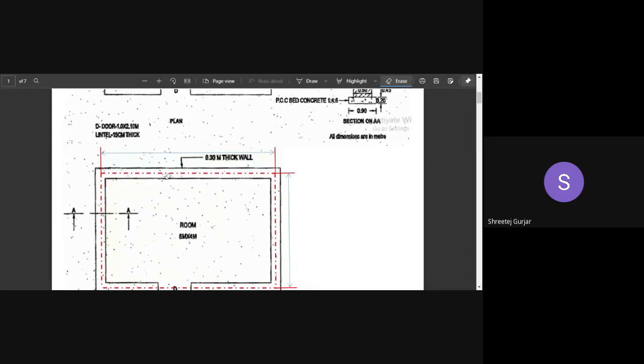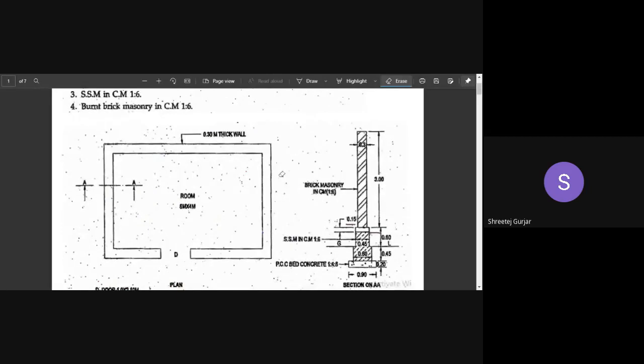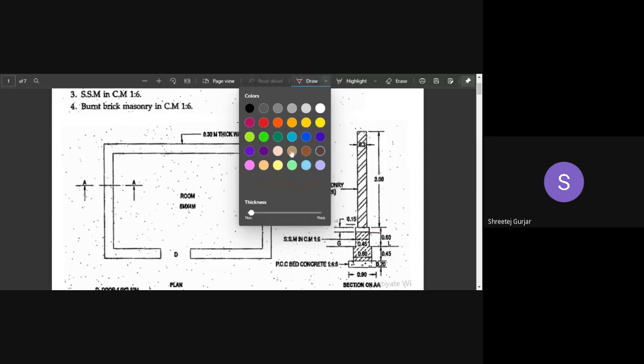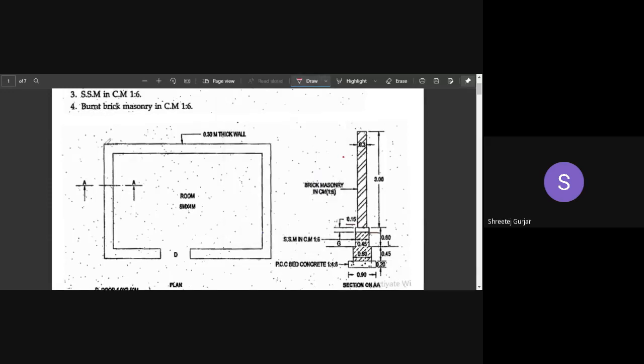So how do I divide this room now into long walls and short walls? Observe. By observation, I can see that this wall is a long wall, and this also is a long wall. Compared to the side walls, these two walls running in this direction are long.